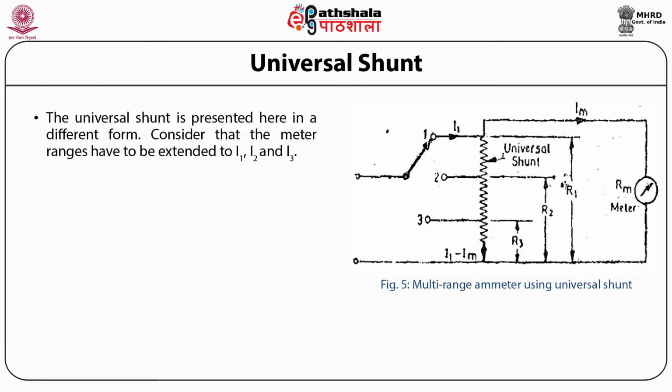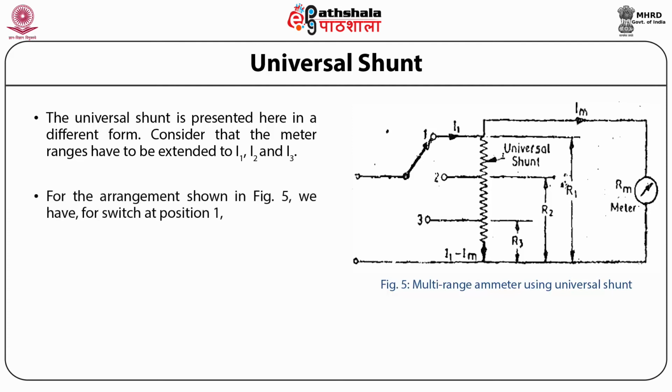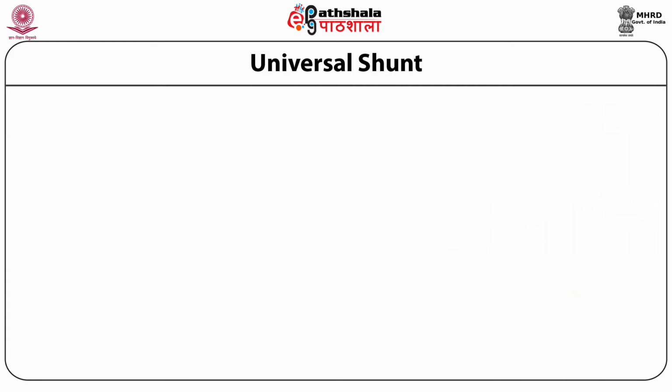Consider that the meter ranges have to be extended to I1, I2 and I3. For the arrangement shown in figure 5, for switch at position 1, Im Rm is equal to (I1 minus Im) multiplied by R1.